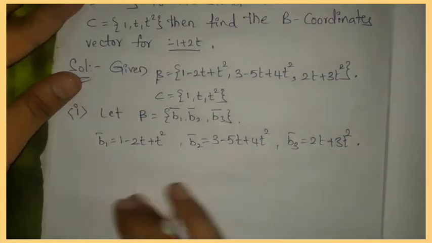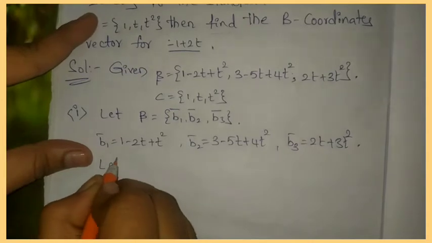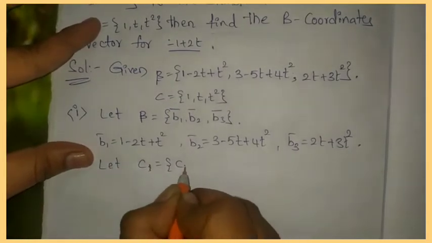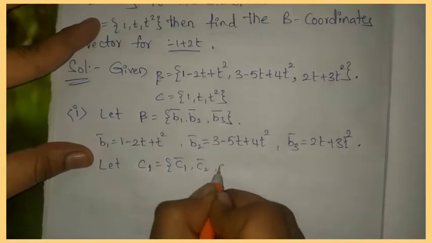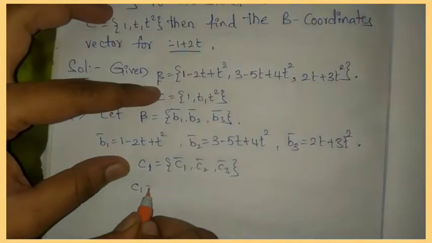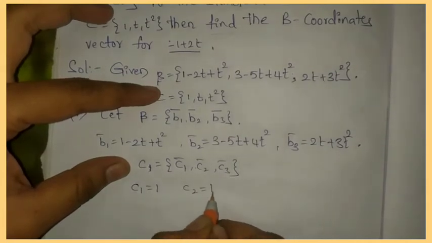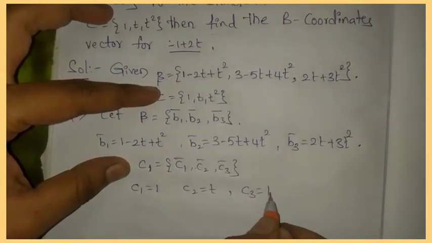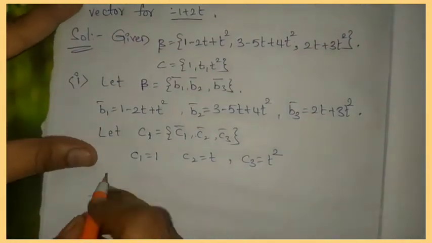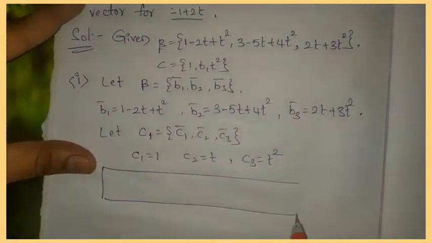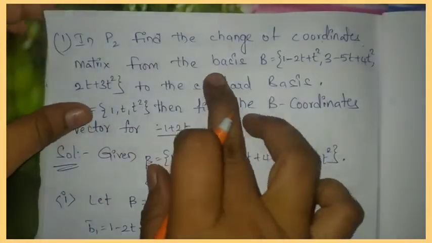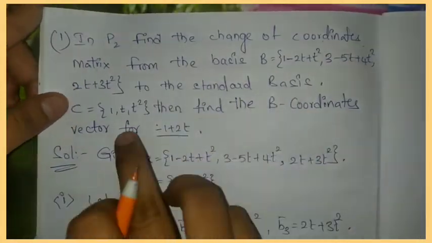Okay, now let C is equal to c1 bar, c2 bar, c3 bar. Compare these two, then we will get c1 is equal to 1, c2 is equal to t, and c3 is equal to t square. Okay, now there is one formula to find the change of coordinates matrix from the basis B to C.